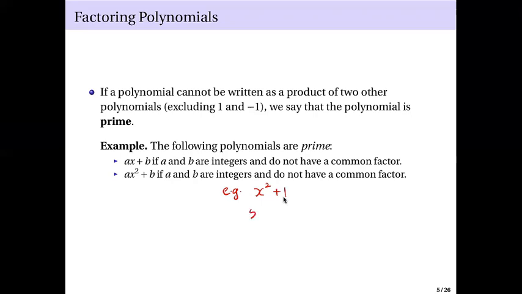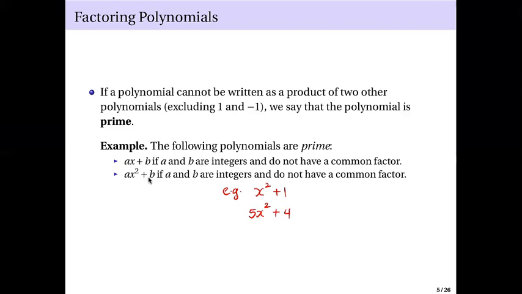You can have 5x squared plus maybe 5 and 4. They have no common factor, okay? Now, unlike in the first case here, we can consider minus b.